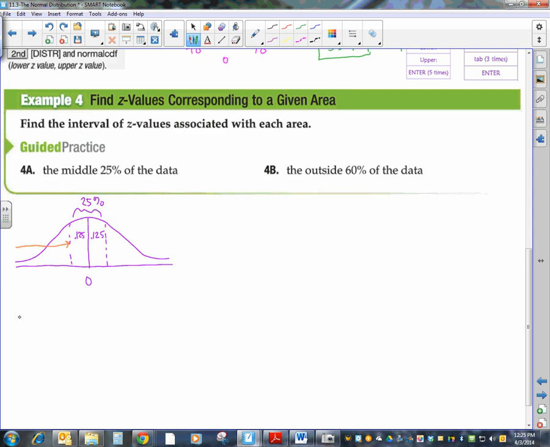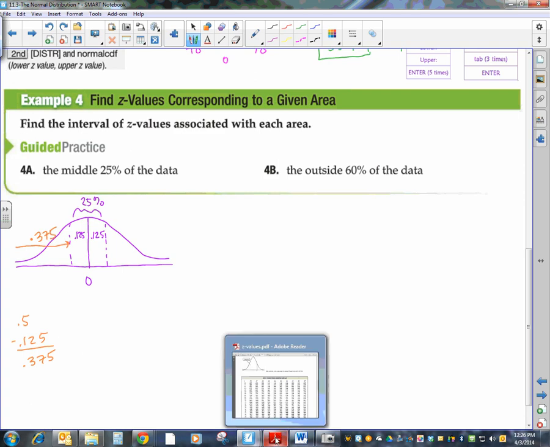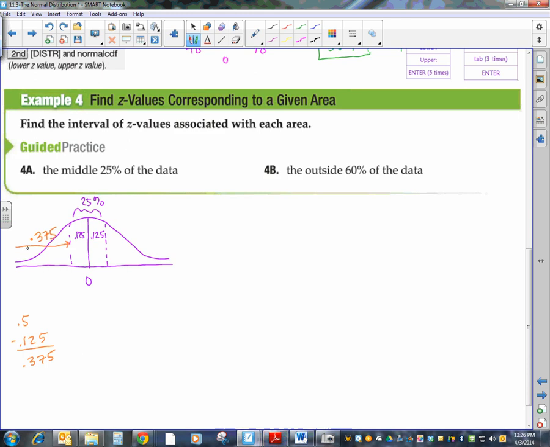So what I would do would be 0.5 minus 0.125, which of course is 0.375. So that means that this represents 0.375, and I'm going to go find that number on my z-chart. But remember, it's the probability, and I'm looking for the z-value. Something else before we go there, this is on the left side of the mean, okay?